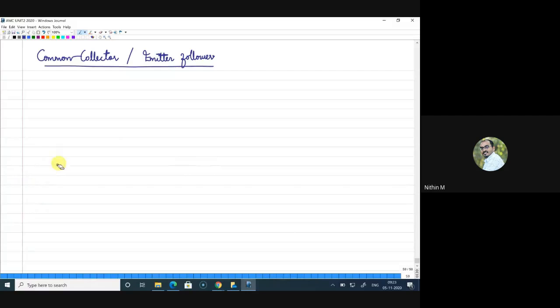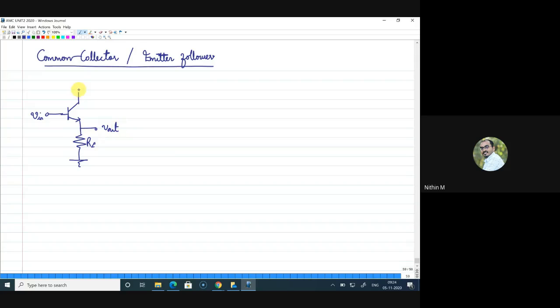Then we will have the input to the base. This is the BJT. Input should be given to the base, which is Vin. Output will be taken from the emitter through a resistance connected there. The resistance is Re, and this is the output Vout.